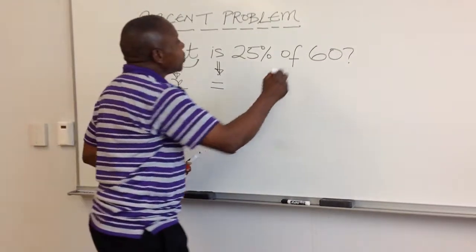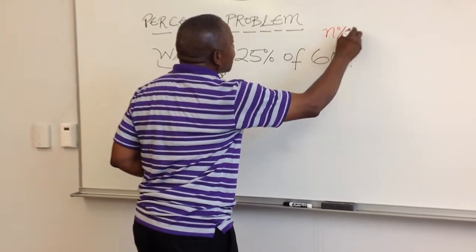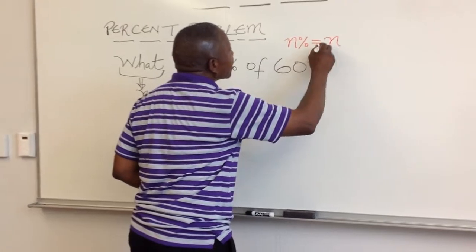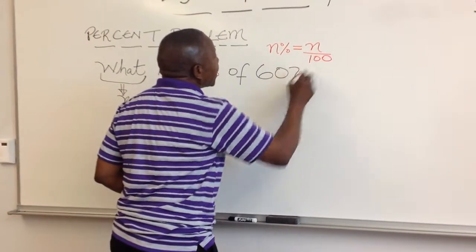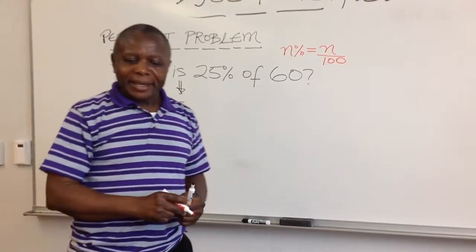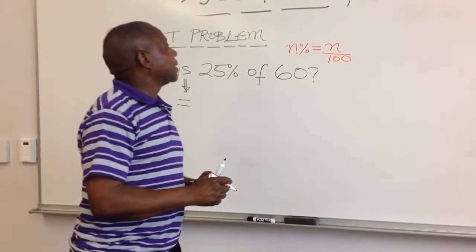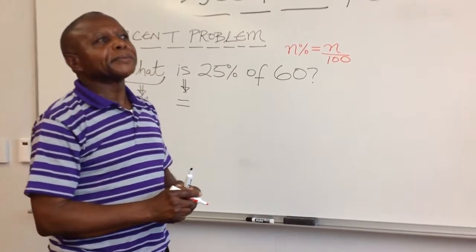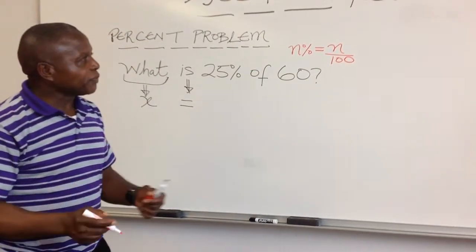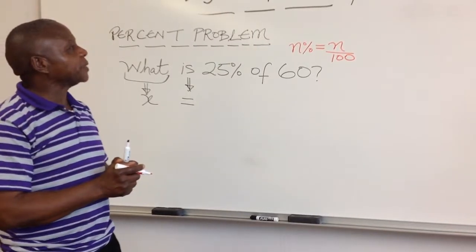For instance, when you have n%, this is defined as n over 100. In this context, n represents a positive number, or to be specific, a positive integer.